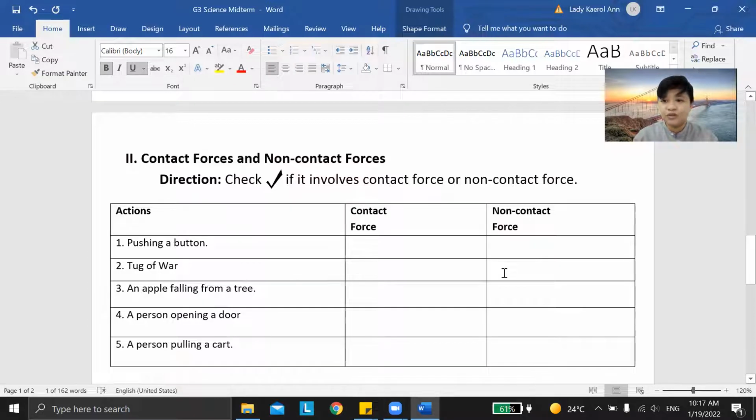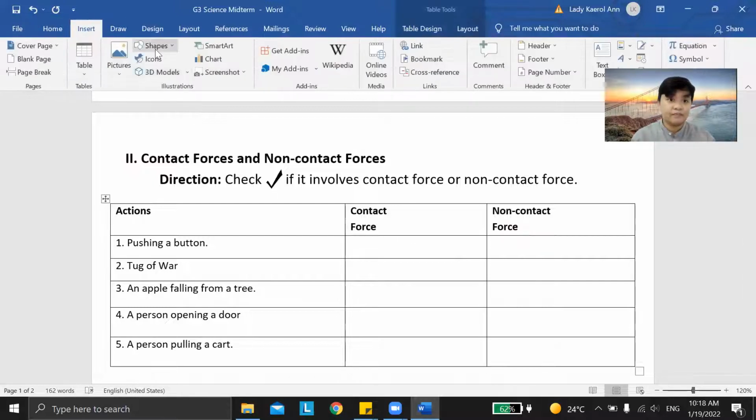For number two, contact forces and non-contact forces. If you remember, contact forces involve touch, and non-contact forces do not involve touch. So you will check if it involves contact force or non-contact force.